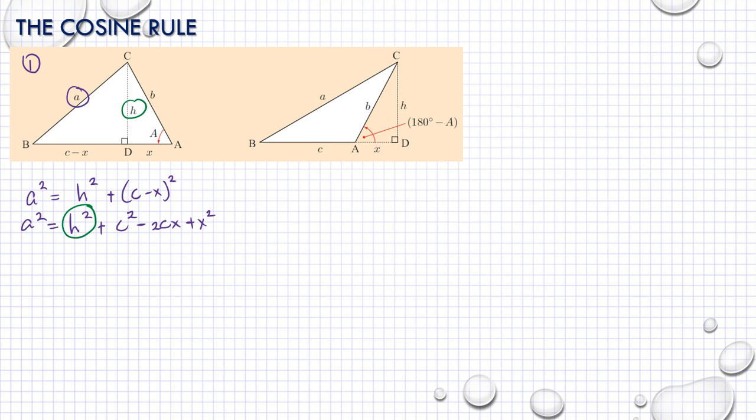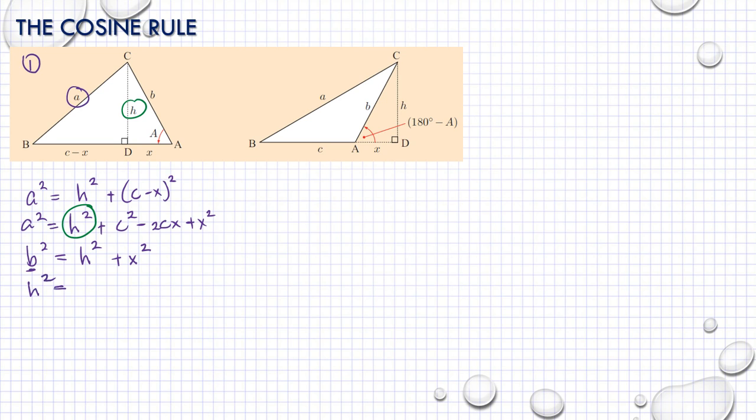For this triangle, the small triangle, we have B squared is equal to H squared plus X squared. So if we find the value of H now, because we have B squared there, we need to find the value of H squared.